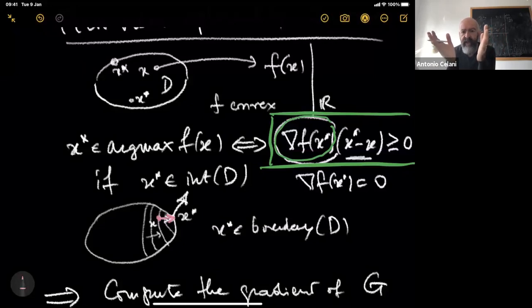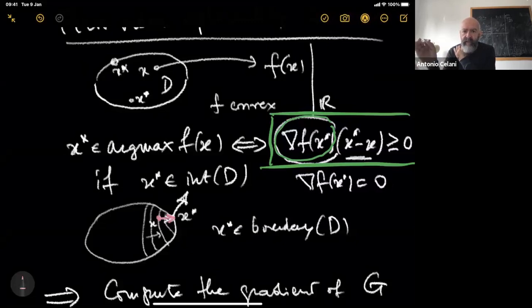If I do not have this property, I would run into a contradiction, and there would be some point close to x star which has a value of my f function larger than at x star. So this is a way of expressing the condition of being optimal in terms of properties of the gradient.